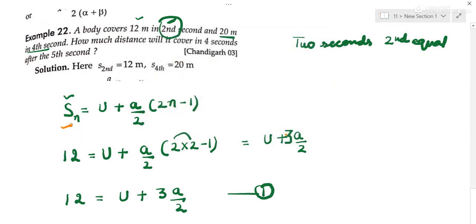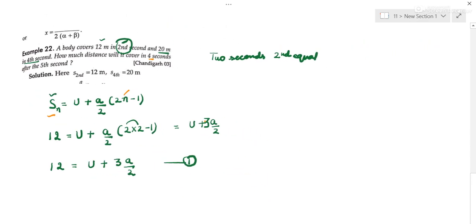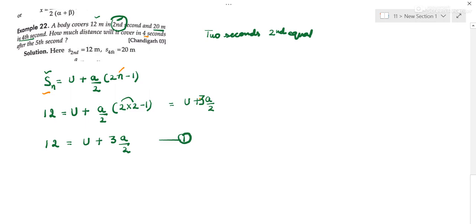Here you will substitute 20 and 4th second here, 4 here. So that equation would be 20 equals U plus A by 2 into 4 minus 1.